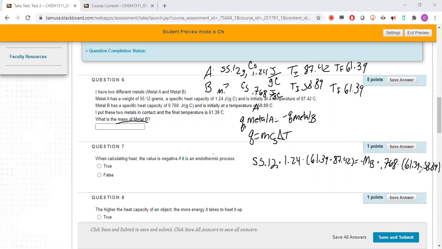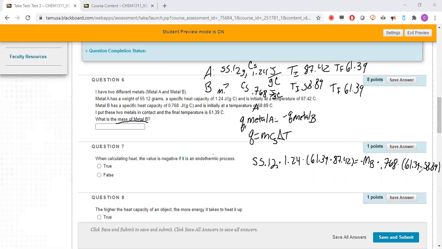One thing I did see a bit here is that people would report negative numbers. Again, this is one of these checks you need to do while doing these problems. We're all humans, so we should be able to use our reason to see if this answer is reasonable or not. When I'm asking, what's the mass of metal B?